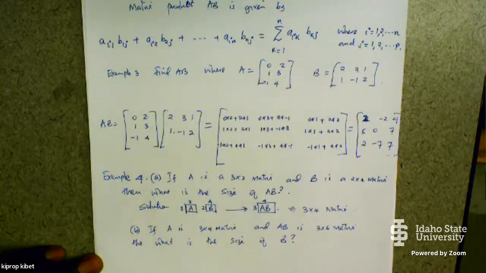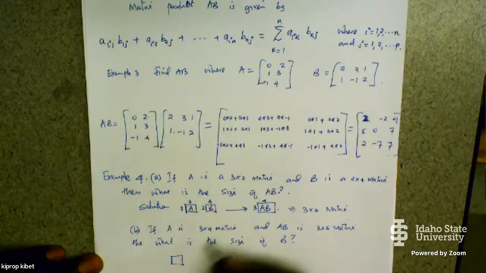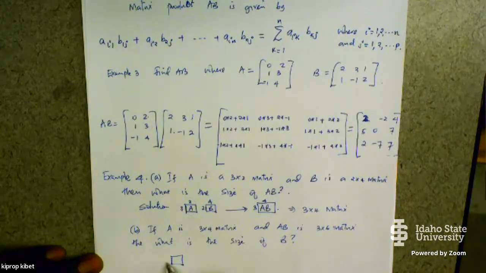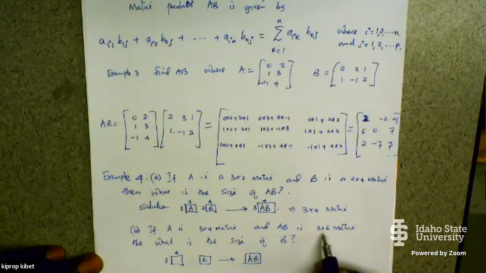You do the same thing. So we have here A is 3x4, and then we are looking for B, and this will give us AB. This AB is 3x6. So what will be B?